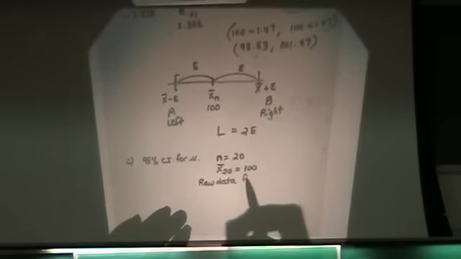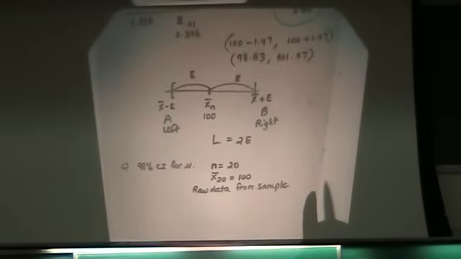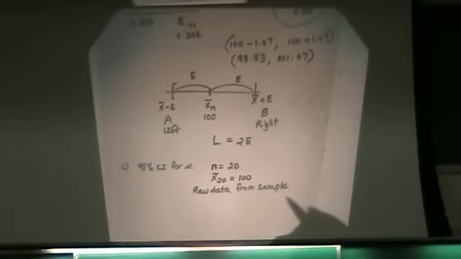No sigma. They didn't give me sigma this time. This time, they gave me the raw data from the sample. I took my sample of size 20, and they gave me numbers like 3, 9, 27, 8, like that.